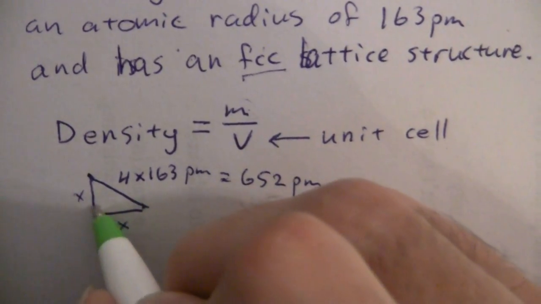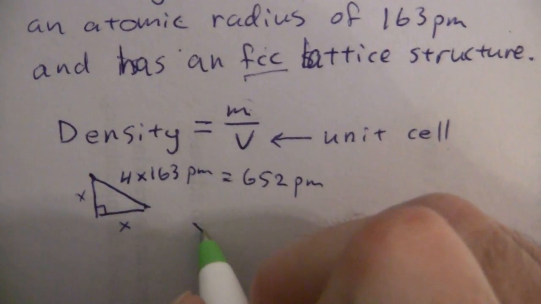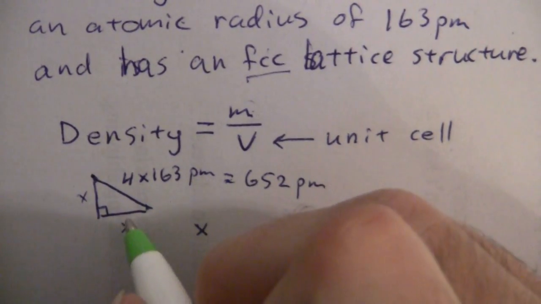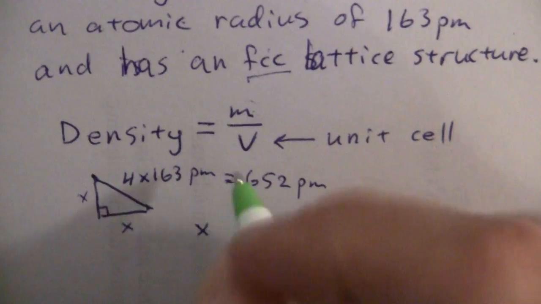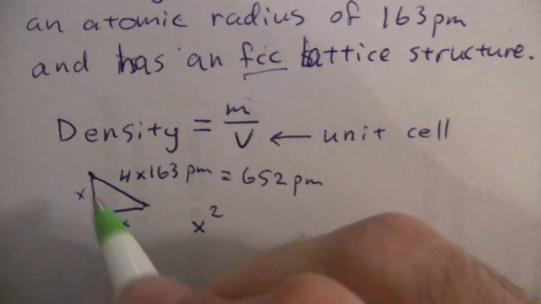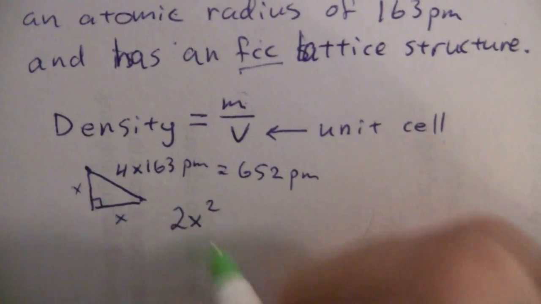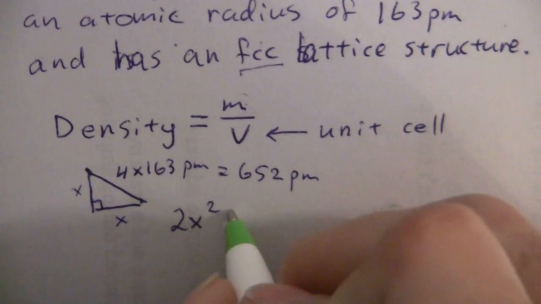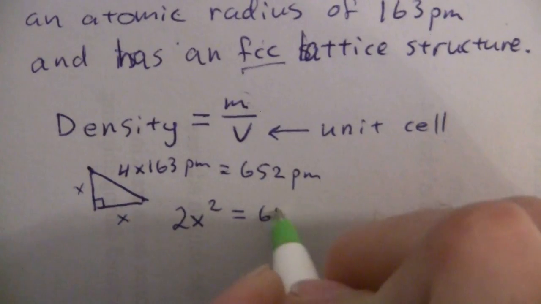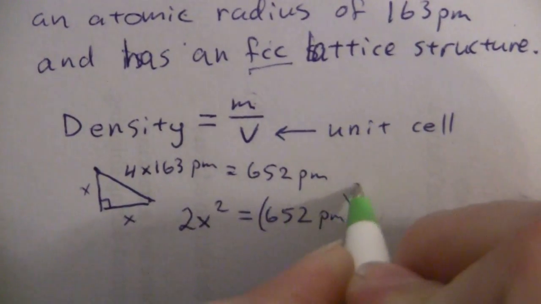The Pythagorean theorem tells us that for a right triangle, the sum of the squares of the sides equals the square of the hypotenuse. So x squared plus this side squared, which is another x squared, or 2x squared, equals the hypotenuse squared, or 652 picometers squared.